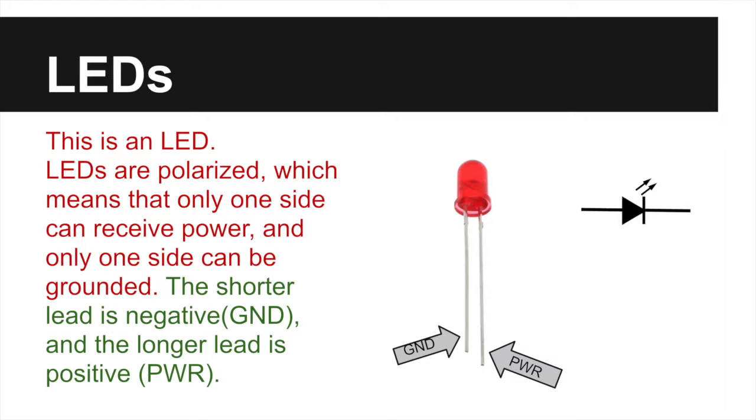So the shorter lead is negative and the longer lead is positive. I think you could memorize that. And as we're doing these circuits, see if you can memorize: ground is the shorter and power is the longer. It's just going to make things a lot easier, okay?